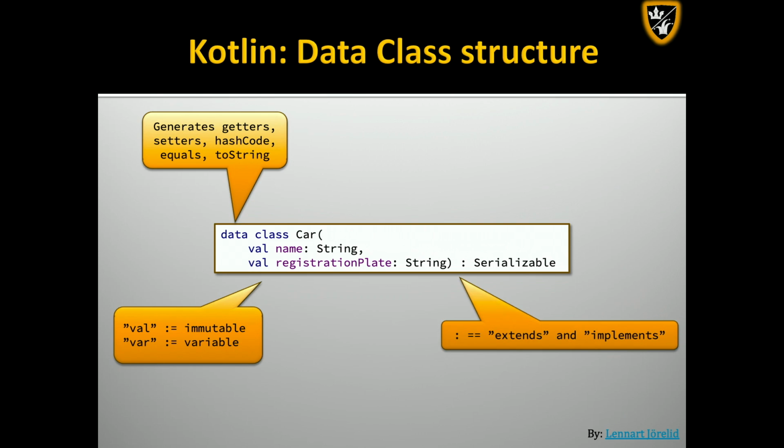The colon replaces both extends and implements. Is there really a difference? Yes, there is. You can only inherit from one parent in Java, but you can actually implement many types, right? Really important that you make that distinction in the language. Or you can just replace it with a colon and never mind.